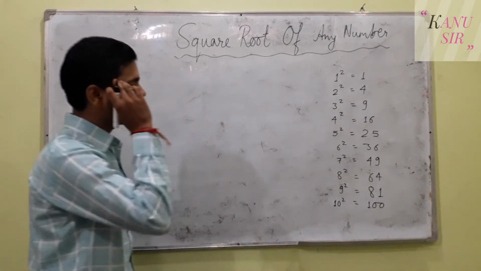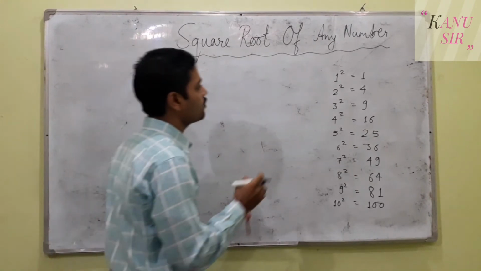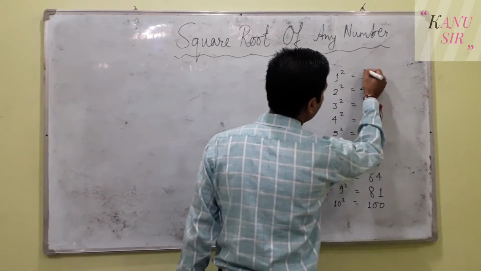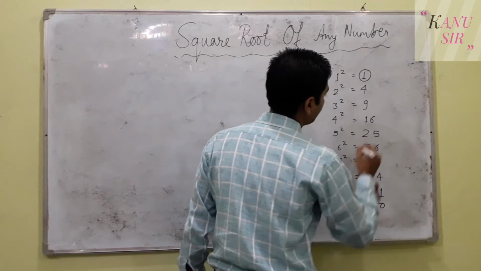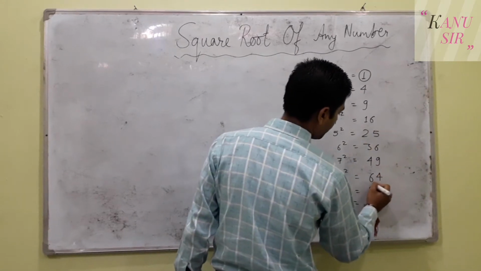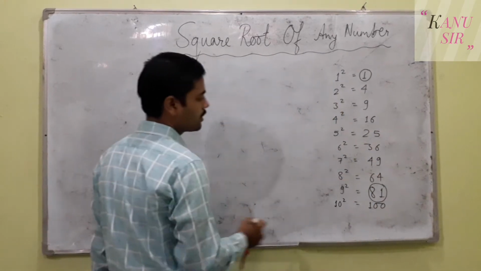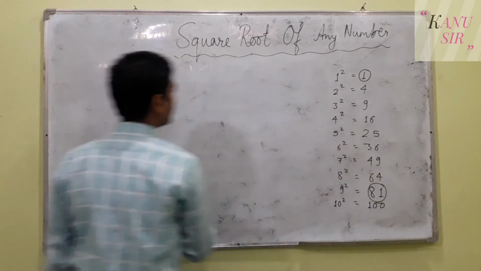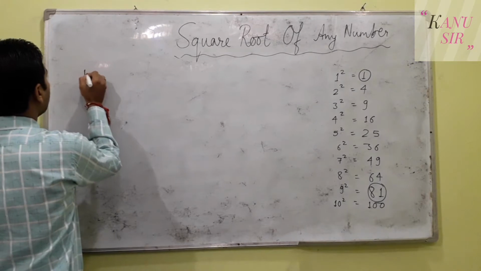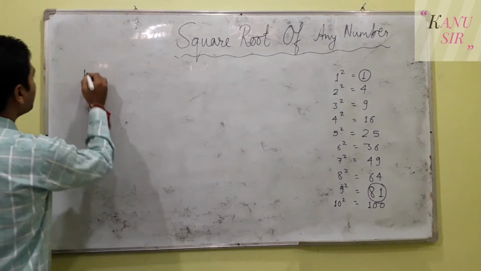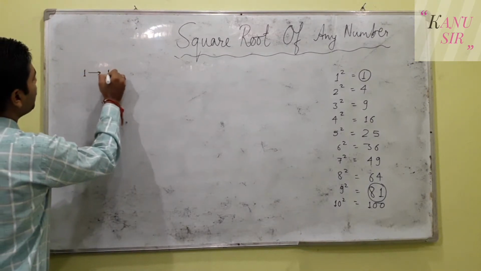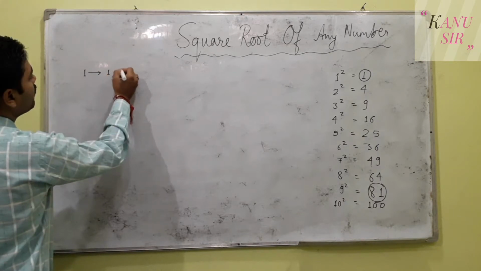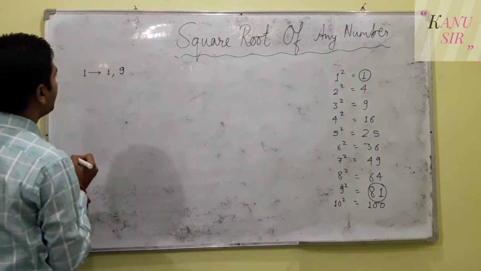You have to make a concept clear. In numbers like 1 and 81, you can see the digit in the unit place is 1. It means if we get 1, it might be the number coming from the square of 1 or from the square of 9.